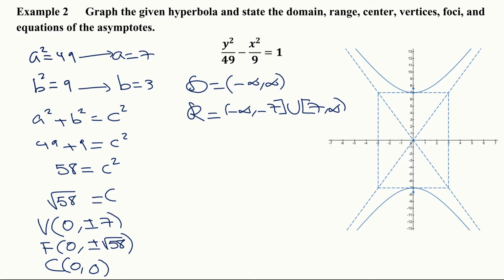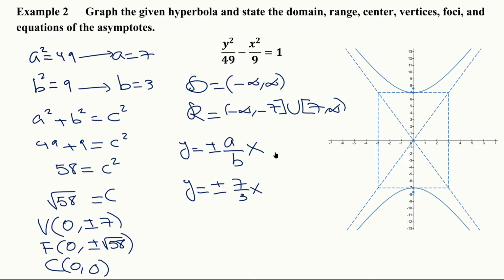And the only thing we need to find now are the equations of the asymptotes. And of course, remember that they are of the positive or negative a over b x variety, because a is here and b is here, so you go up a over b, and you end up with y equals positive or negative 7/3 x.